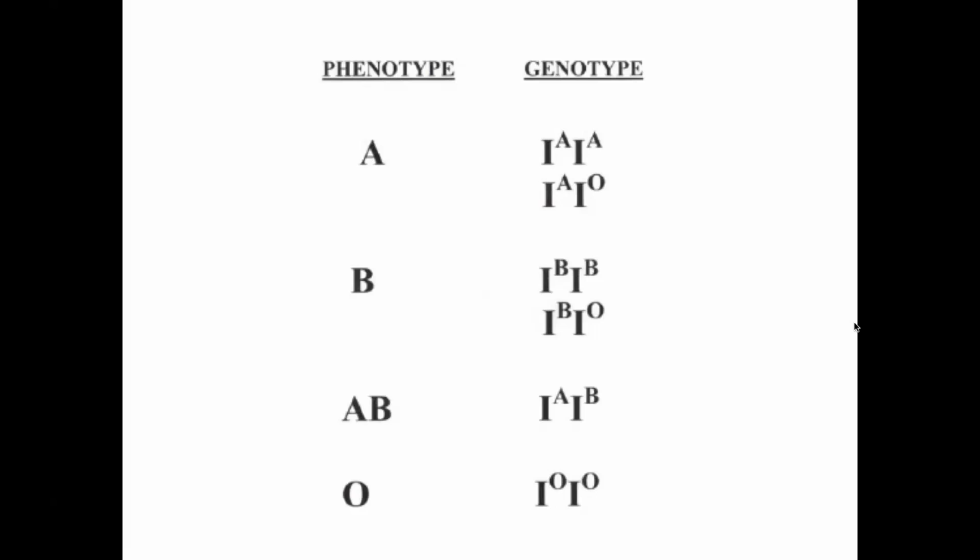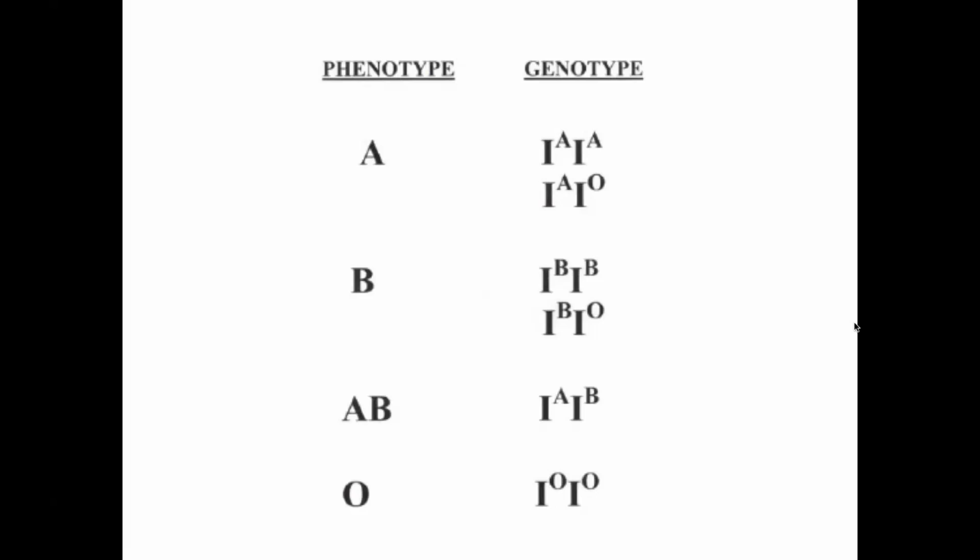What about the heterozygous? If you're heterozygous for A and O, what is the phenotype of that individual? Well, when you score them through this antibody test, this biochemical test, their phenotype is A. So what does that tell you? It tells you that the A allele is dominant to the O allele.